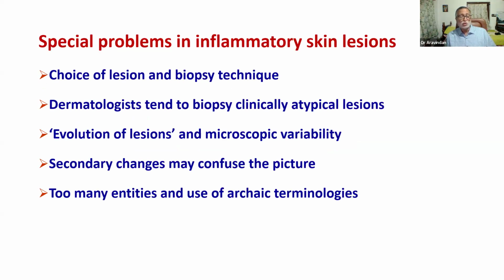Lesions evolve microscopically, so at what stage the lesion is at is important, and that also has a bearing on the diagnosis. Then secondary changes, simple itching, scratching, everything can change and confuse the picture. And lastly, there are too many entities and use of all kinds of archaic terminologies. All these make this field a little tricky, but with a systematic approach, dermatopathology is not really all that difficult.